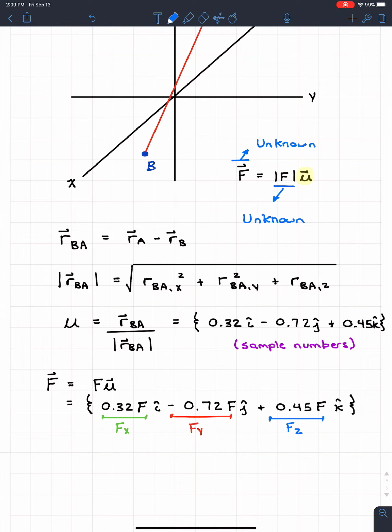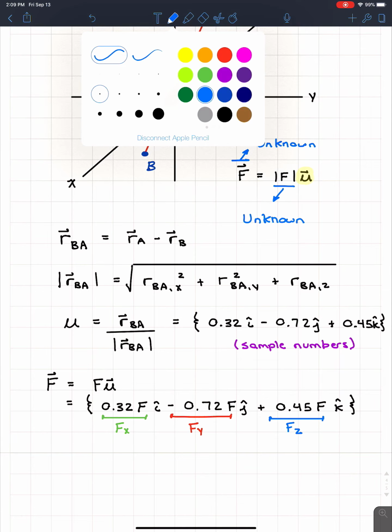What you guys will see later, in the example, is I'm going to find all of those force vectors in their Cartesian vector form, again, with the magnitude unknown. And then when I'm doing my summation equations, I'm going to take all the i components and sum them up to 0. I'm going to take all the j components and sum them up to 0. And then what's different about 3D, that third component, the z component, I'm going to take all of the k components, sum them up, and it should be equal to 0.